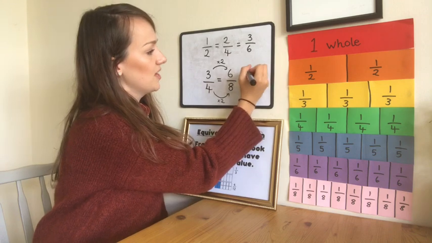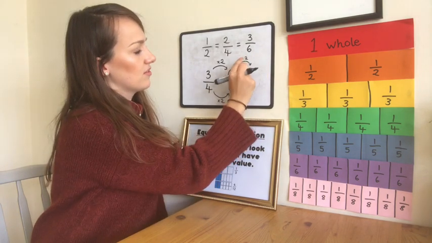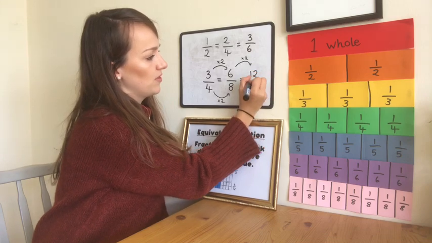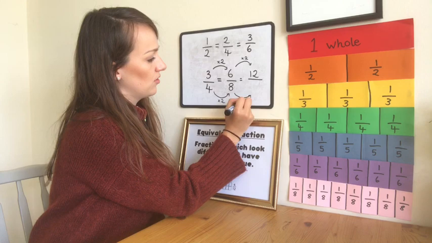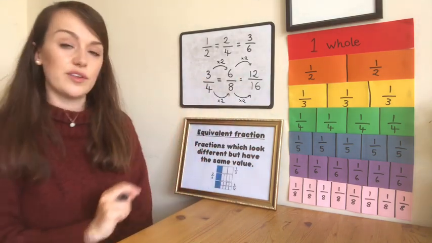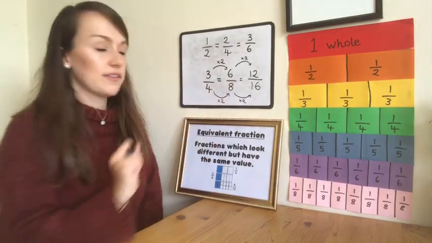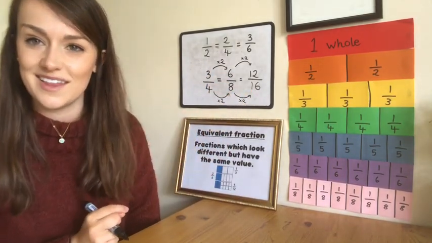We could multiply them again by 2. So 6 times 2 is 12, that would be the new numerator, and 8 times 2 is 16. So 3/4 is equivalent to 6/8, which is also equivalent to 12/16.